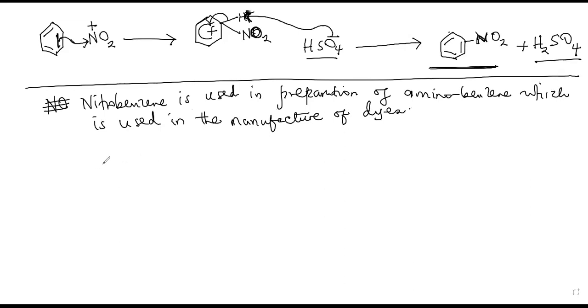And how does that happen? If you have nitrobenzene, even if you draw the ring, it is okay. If you have nitrobenzene, we treat it with the following reagents to get aminobenzene. Our purpose is to get amino.